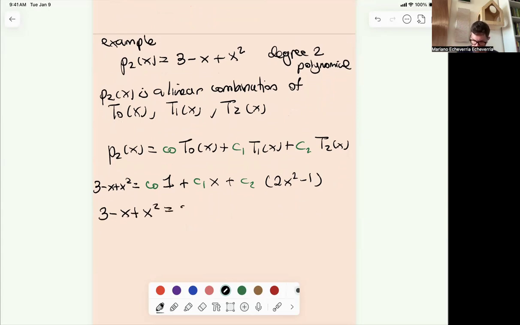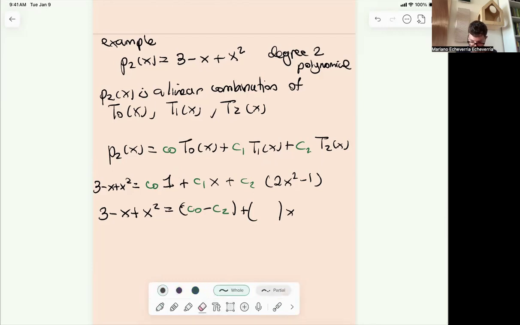So what do you get without an x? This has no x, and this one has no x, so you get C0 minus C2. Then let's look at what has an x.